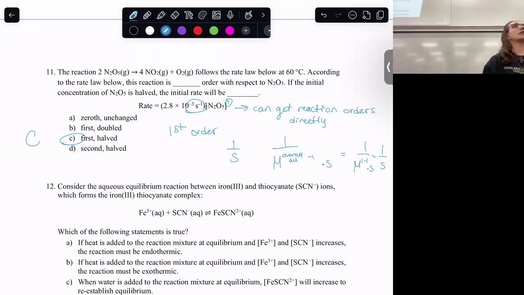There is no change, right? With 0th order, it doesn't matter what the concentration is. The rate's going to be the same. All right, any other questions? Yep. Any other questions on 11? Did that help?